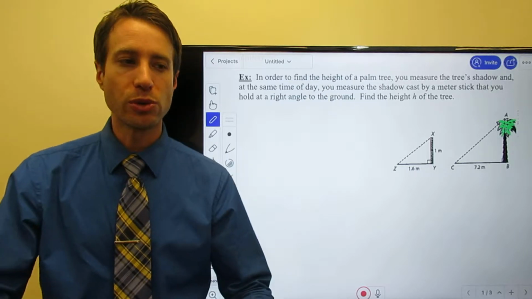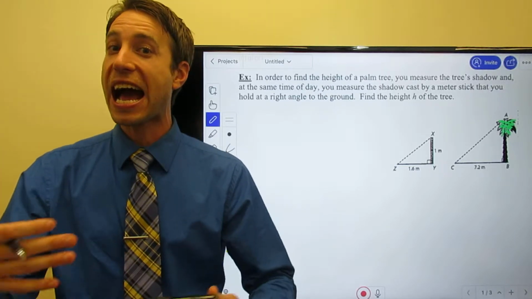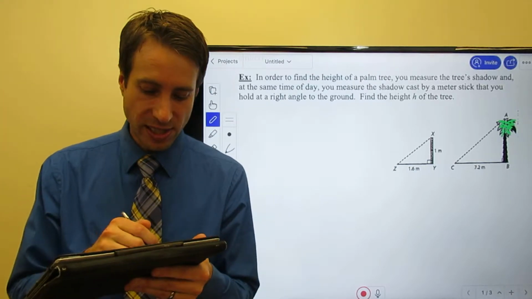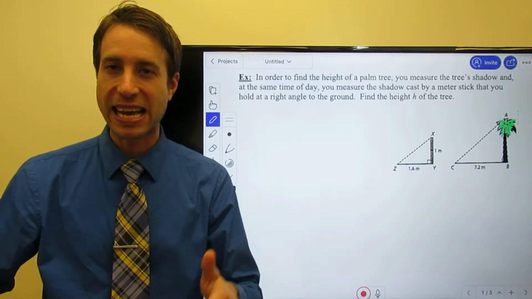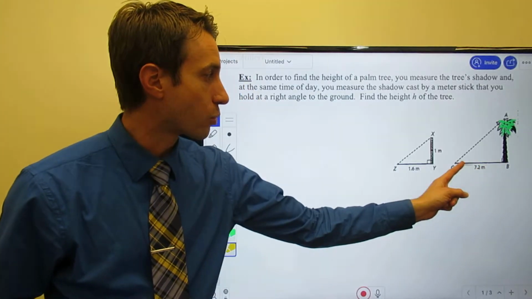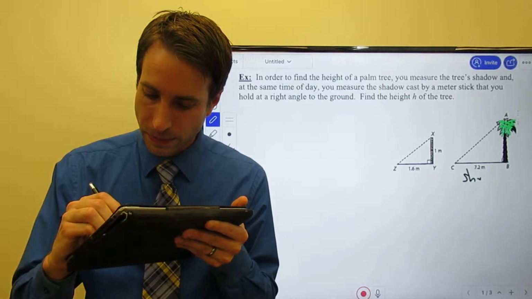You're going to use an object that you can access and the shadow that it creates at a certain point of day due to the sun. Please keep in mind, if I go outside at a certain point of day, that palm tree will be casting a shadow. This right here represents the shadow of the tree.